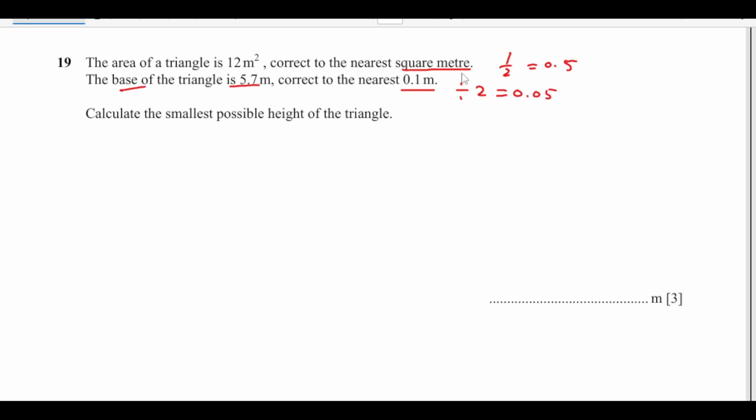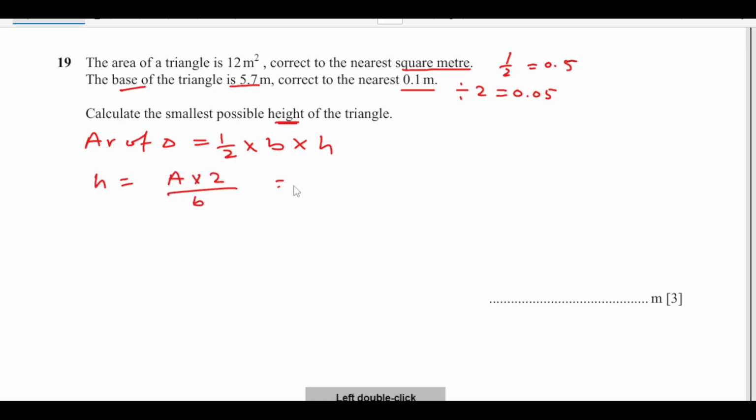So now we are looking for the smallest possible value of the height. You know that area of triangle is half times base times height, and we are looking for the height. So height is going to be area times 2 over base, right?